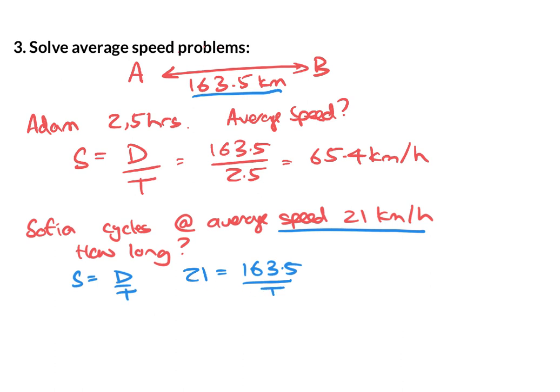So I create a new formula to say the time is equal to 163.5 divided by 21. Put that into a calculator and I get 7.8 hours for the time taken for that trip. Again, write a sentence to say Sophia takes 7.8 hours to travel the distance from A to B.